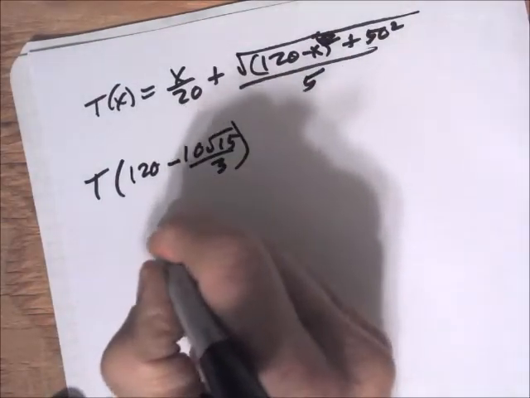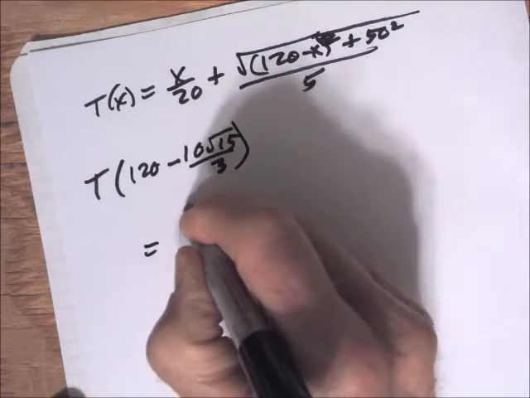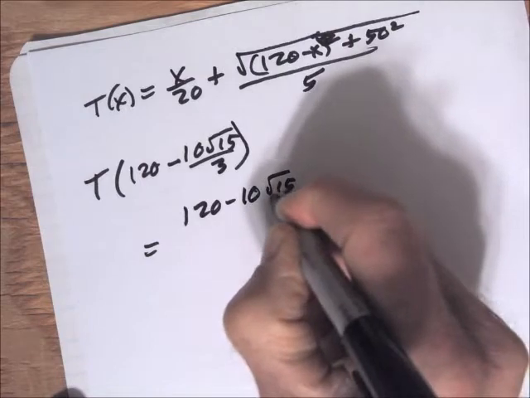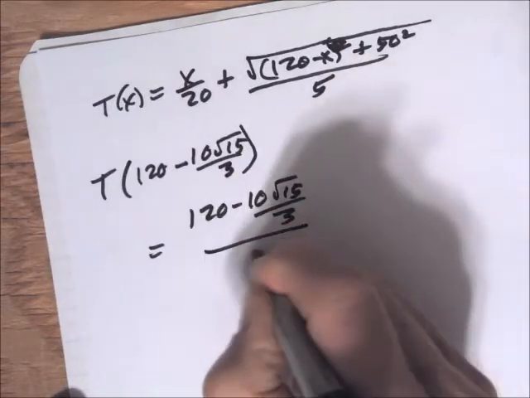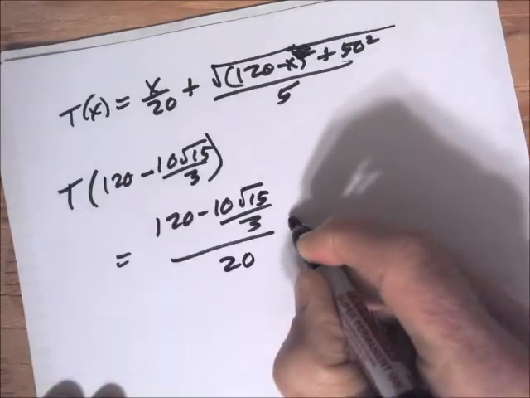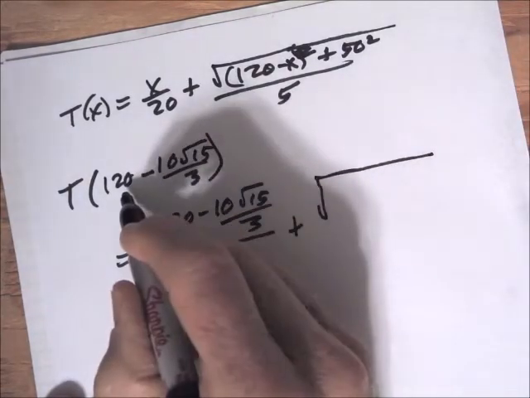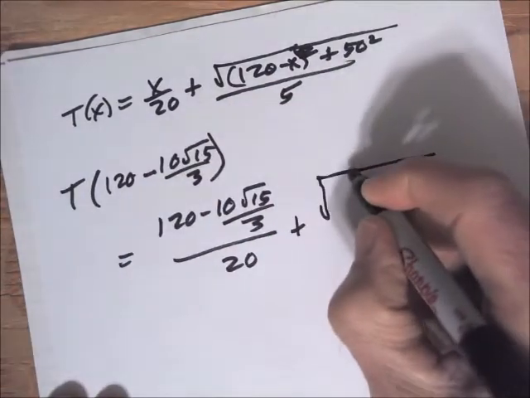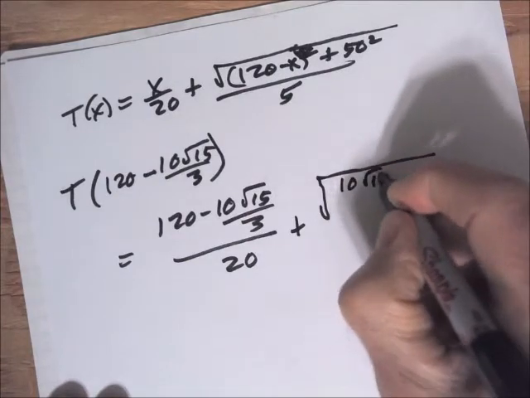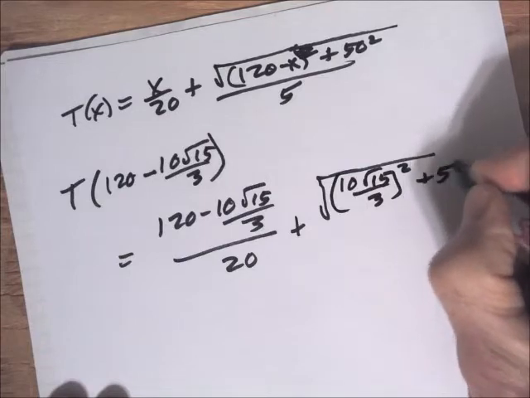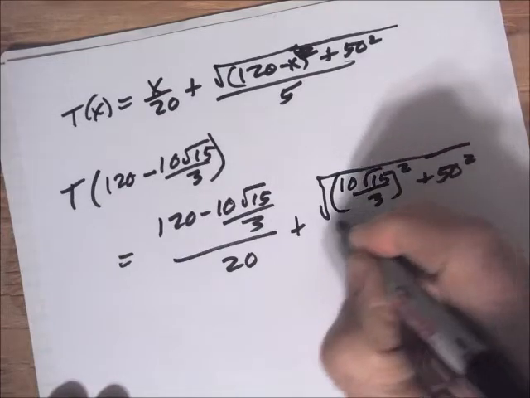So this is going to be 120 minus 10 root 15 over 3, all over 20, plus square root. Well, 120 minus 120 is 0, so you just have 10 root 15 over 3 squared plus 50 squared, over 5.